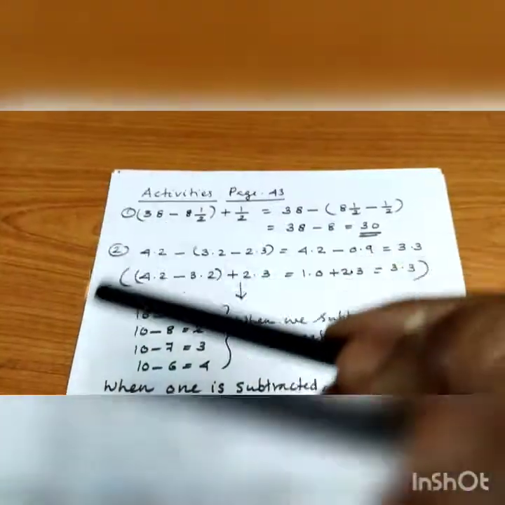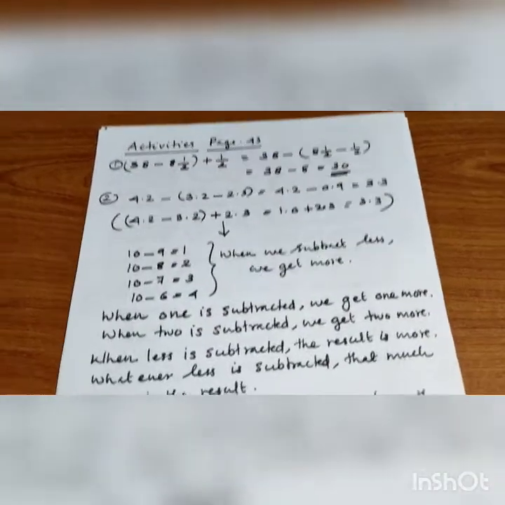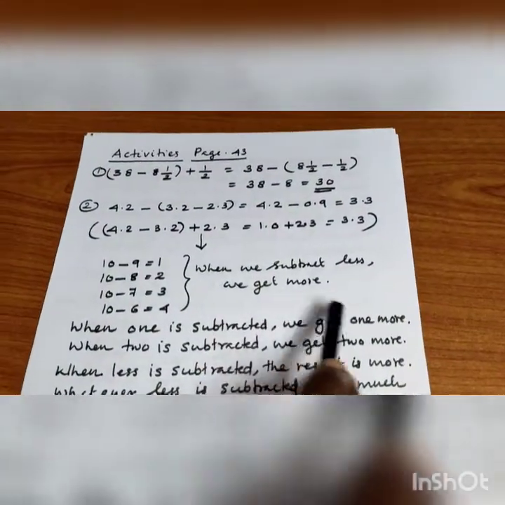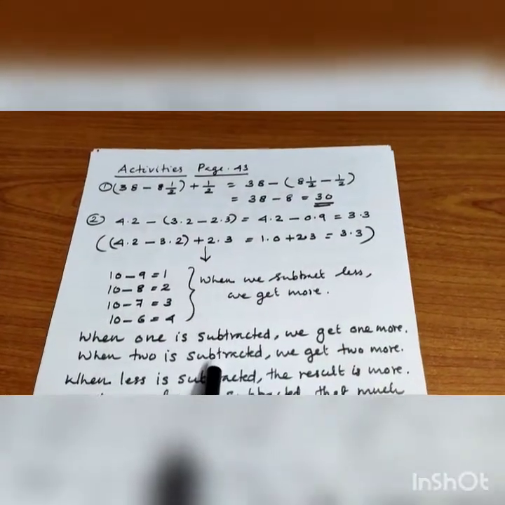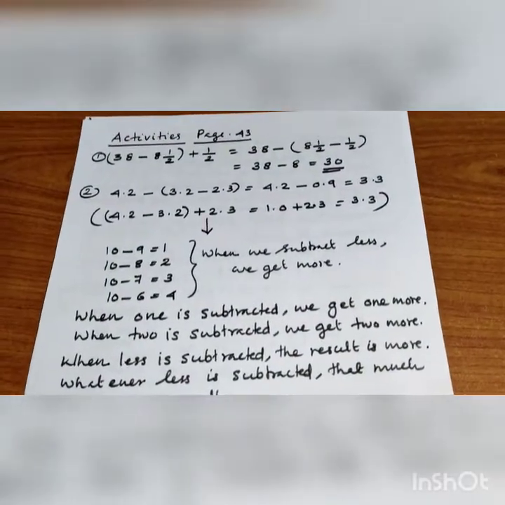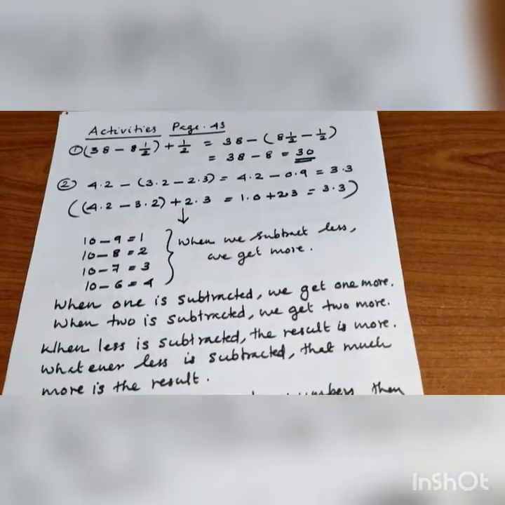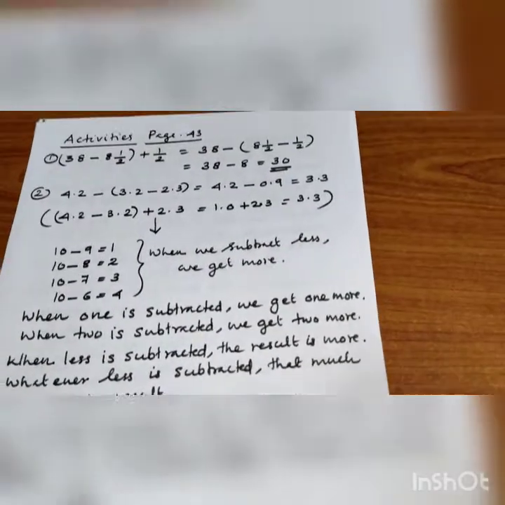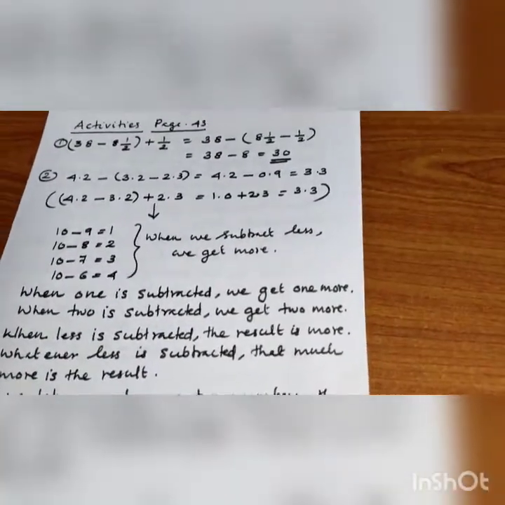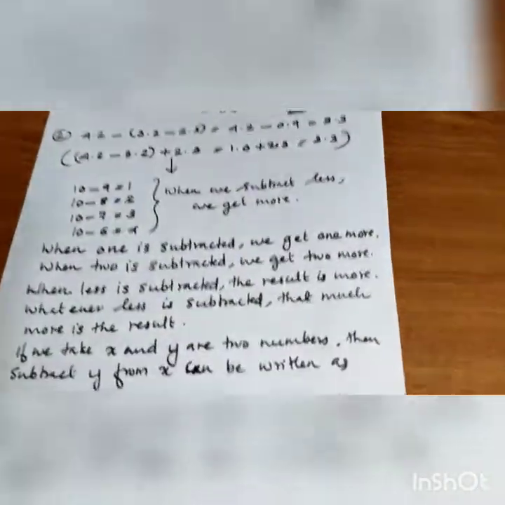When we subtract less and less, we get more and more as the result. When 1 is subtracted, we get 1 more. 2 is subtracted, we get 2 more. Like that. Whatever less is subtracted, that much more is the result. When we subtract the least number, we get the largest number.